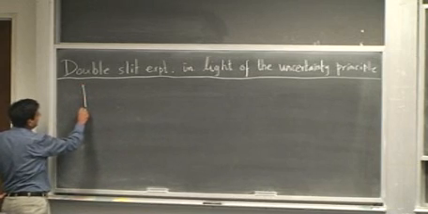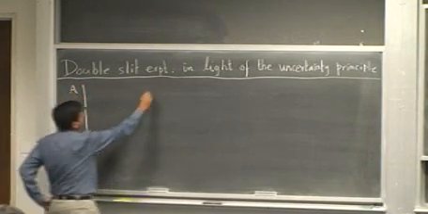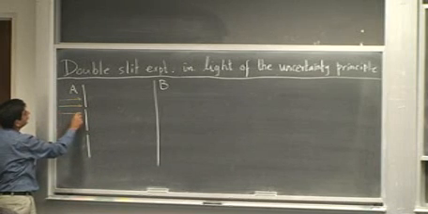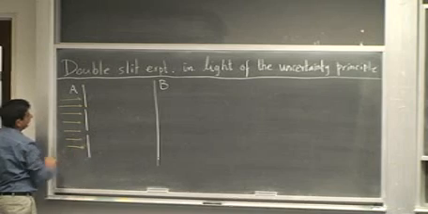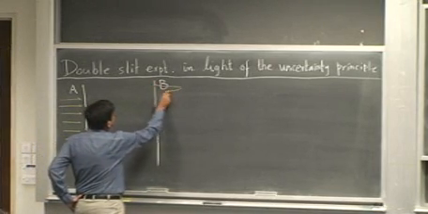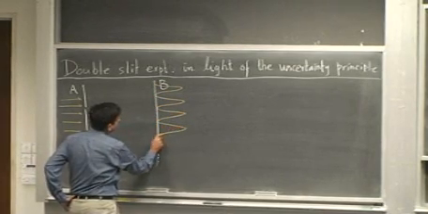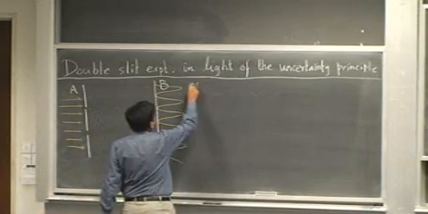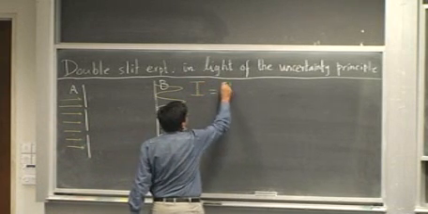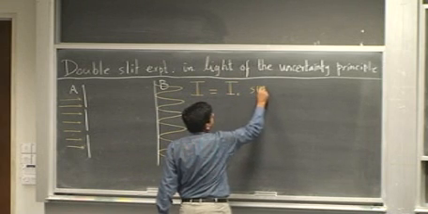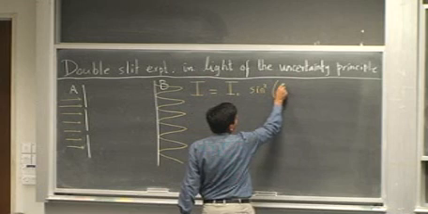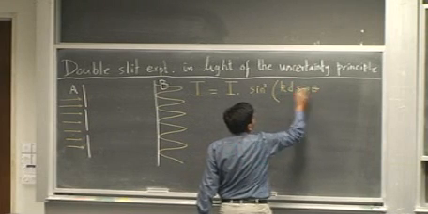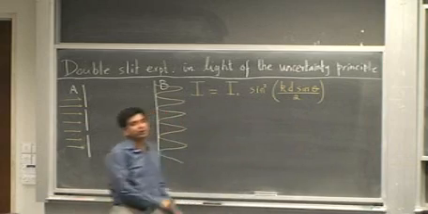As you know that if we have this screen A and a screen B, and then we have electrons coming in, or photons or neutrons or protons, or any subatomic particle, what we observe are double slit interference patterns.